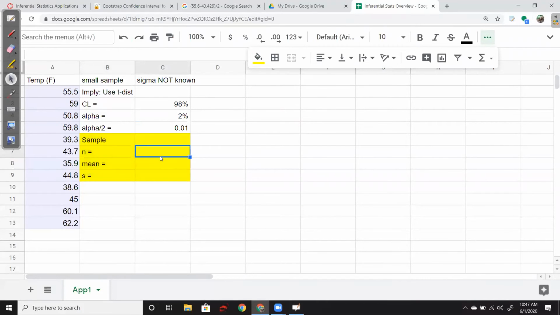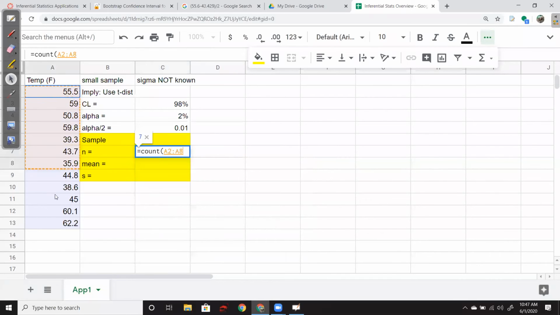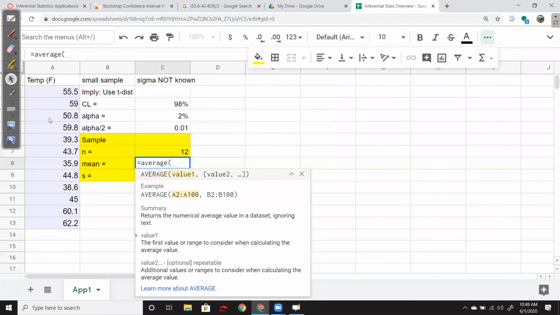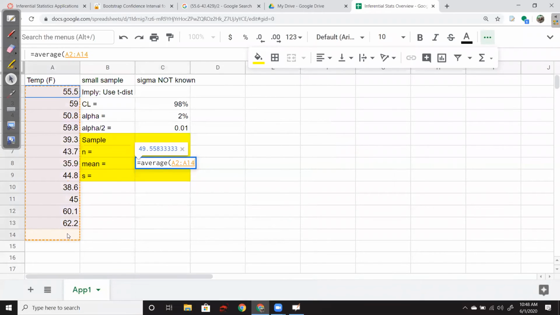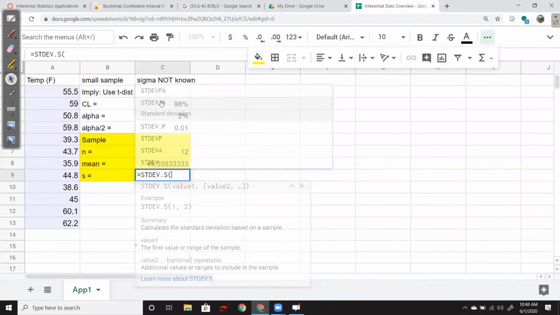Just to double check, it's always a good idea to have the computer count, because I'm always miscounting things when I point to stuff and try to do it. Confirms there were 12, average of the data, and standard deviation. And I recommend the .s version.